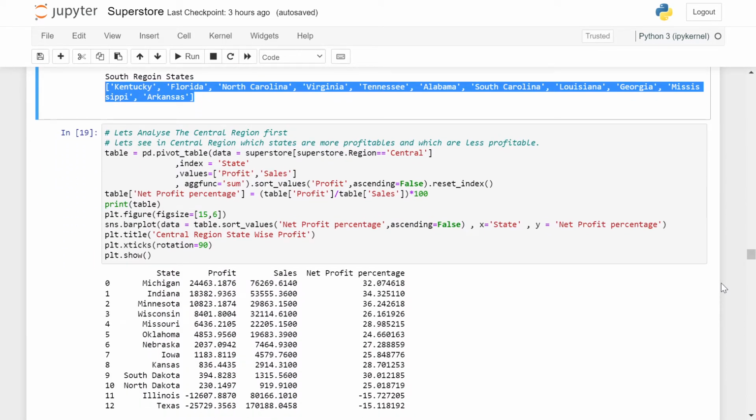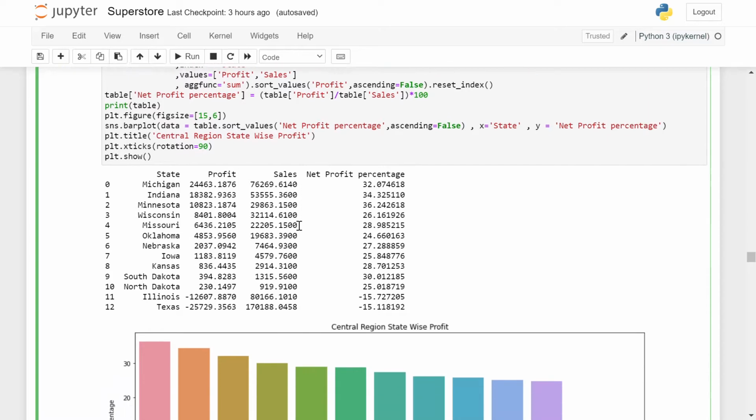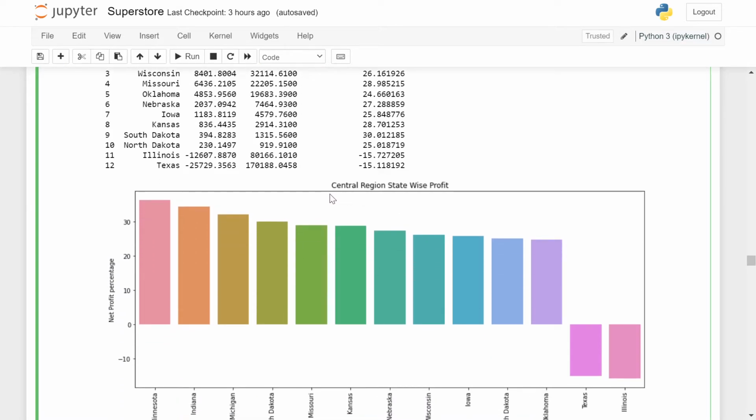Now first I analyze the central region's state-wise profit. I take only the central region here first, and then make a pivot table. Here is the central region state-wise profit.